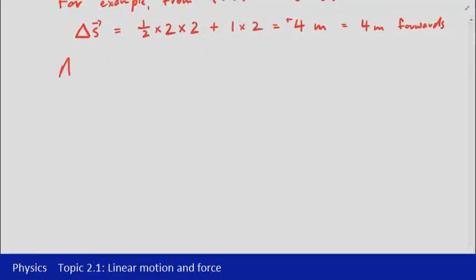So above the axis, the area is positive. And again, when we say area, we're not really talking an area. What we're really saying is that it corresponds to a positive displacement, and in this case positive means in the forwards direction.